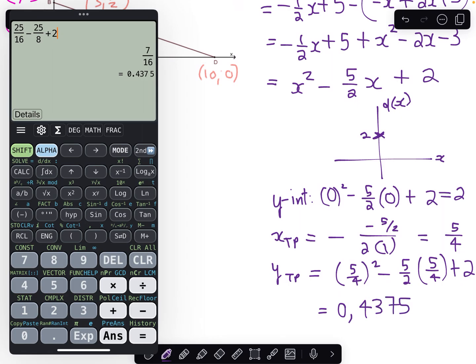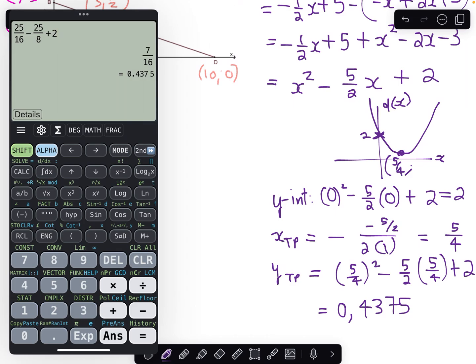So this is going to be a graph that looks like that, where at x equal to 5 over 4, this is where they're going to be the closest possible.